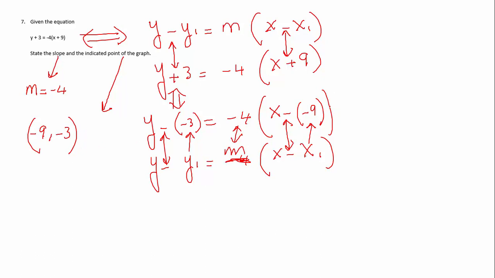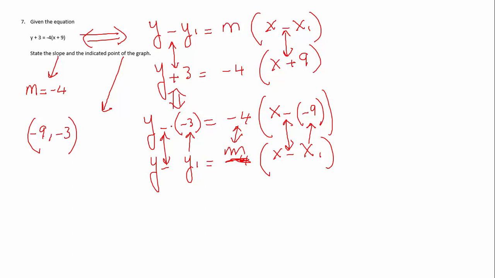So again, the way to do this problem is to write the point slope equation of the line, which is y minus y1 equals m times x minus x1. Compare to the actual given equation, y plus 3. We cannot compare because this is minus, this is plus. That's why I had to change this plus to a minus minus, and change this plus also to a minus minus.